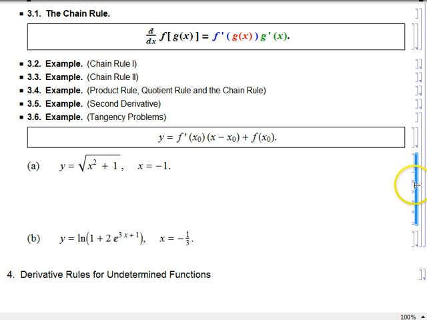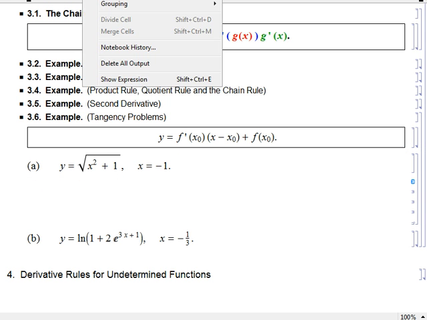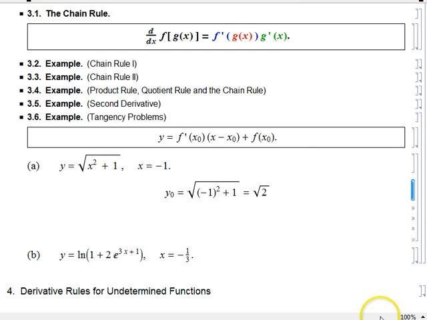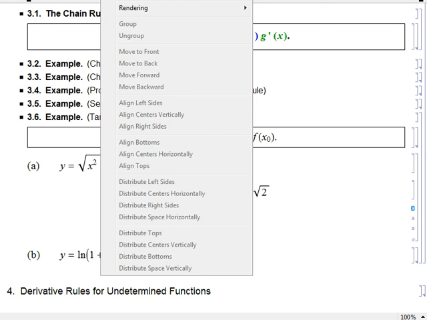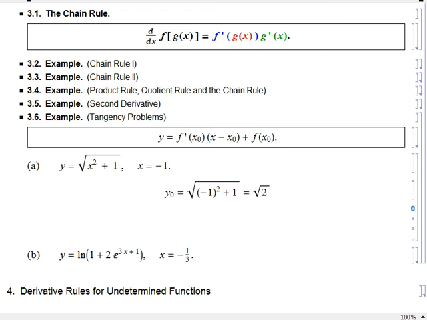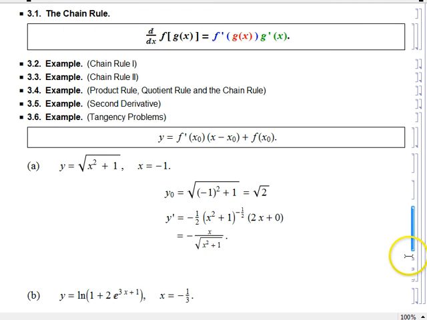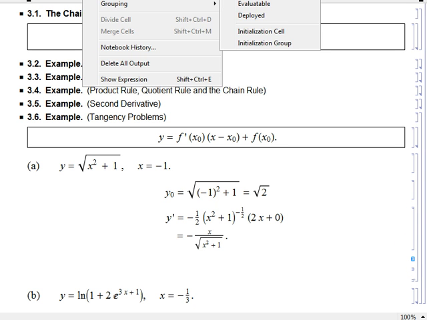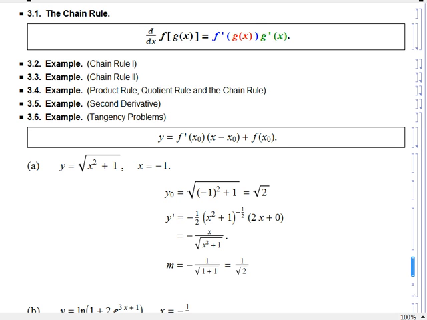Plugging in x equals -1, I'm going to get the y0 value, and that's going to be easy. Here we go. Now, taking the derivative by chain rule, I'm going to get, well, that. And we have seen this before, so let's move on. Plugging x equals -1 again, I'm going to get my m value. Here we go.